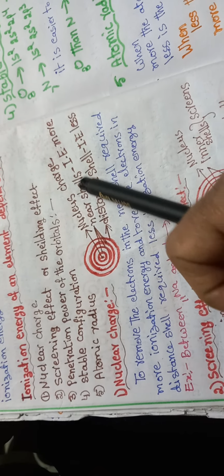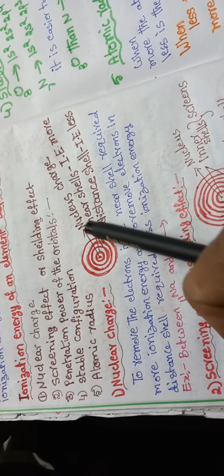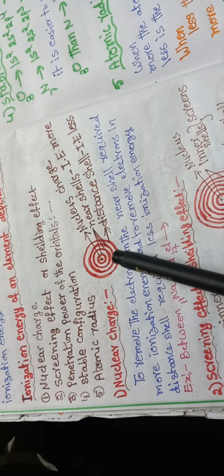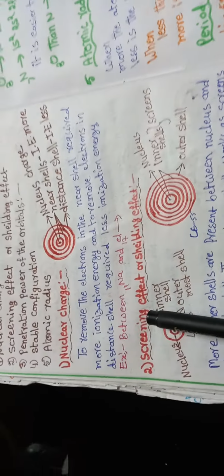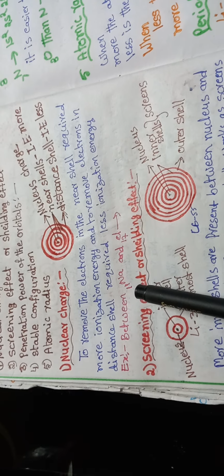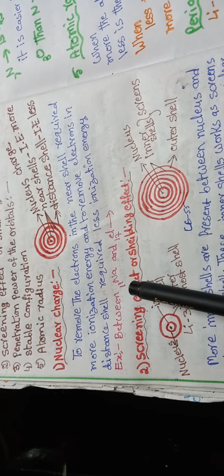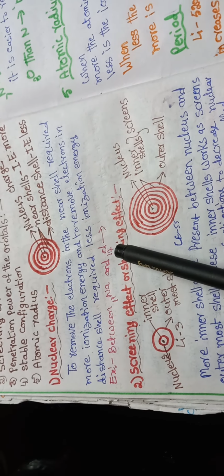It requires more ionization energy because nuclear charge has more effect on the near shells and less effect on the outermost shell. Between sodium and chlorine, sodium has atomic number 11 and chlorine has atomic number 17.